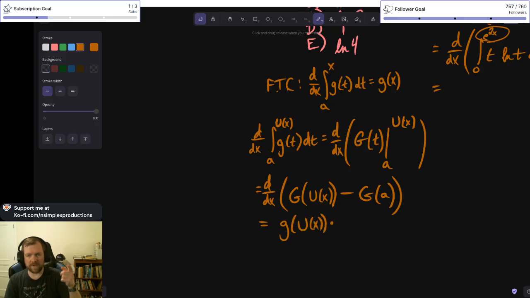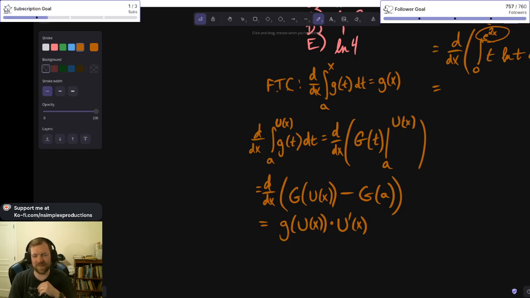What happens here is that the derivative of big G is little g of u of x. But then we have to use the chain rule, so we multiply this by the derivative of the inside, which is u prime of x dx, which, again, since we have dx as part of our differential operator outside, it's just going to divide out, no problem. Zach's going to be upset with me saying that, but nonetheless.